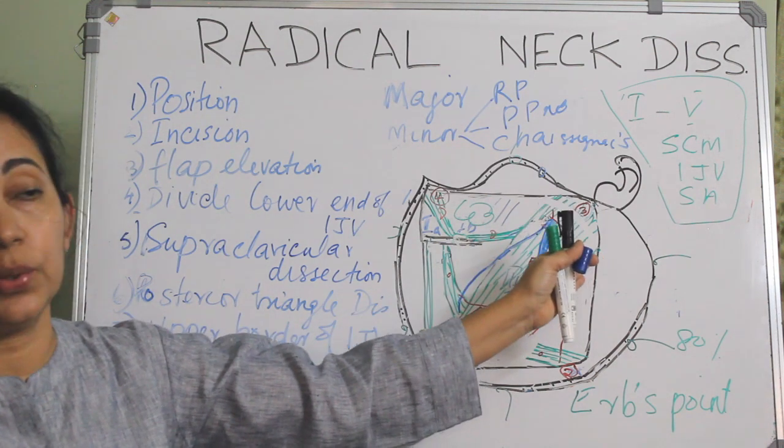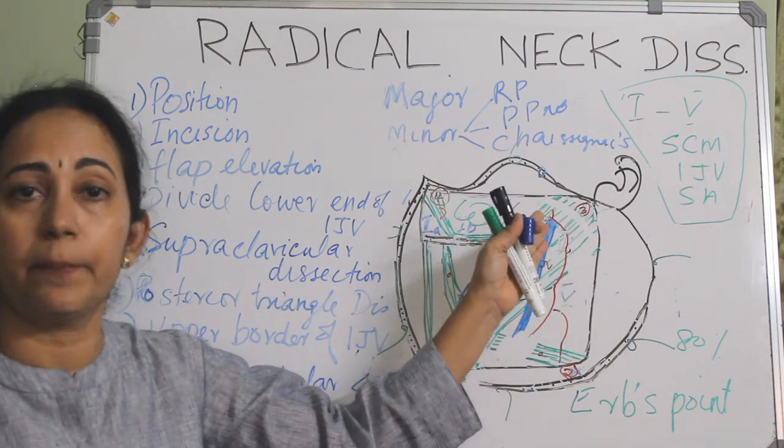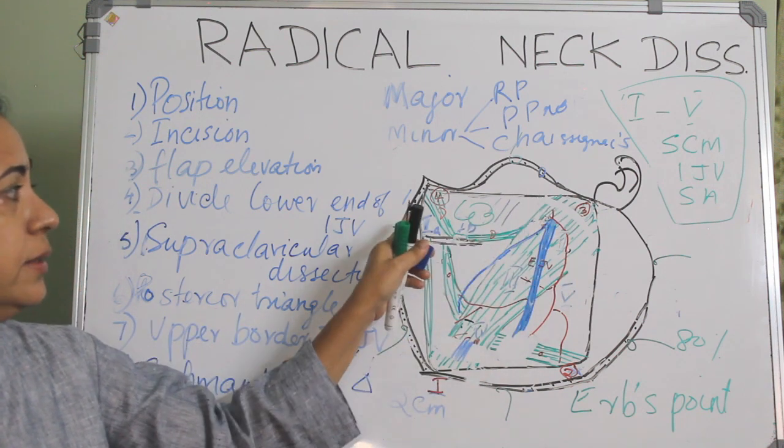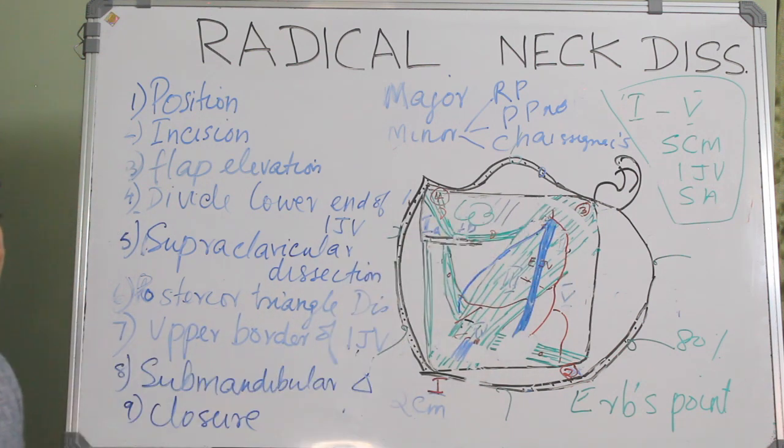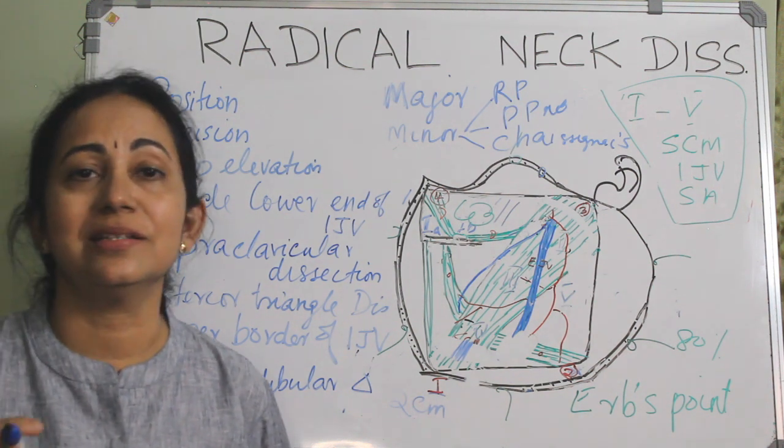The upper end of sternocleidomastoid is removed along with ligating the upper end of IJV, then the submandibular dissection. After that, closure. So this is radical neck dissection in a simple way.